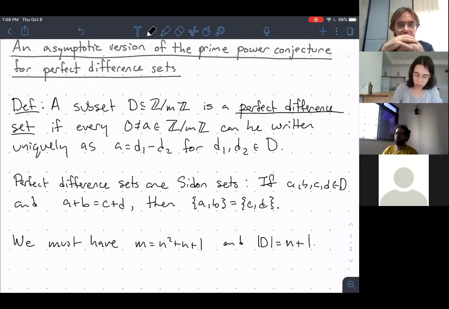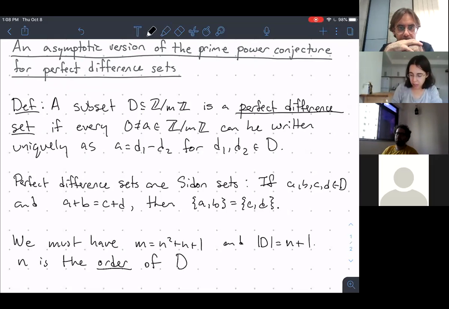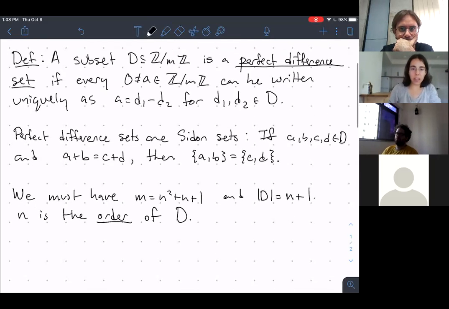And when this happens, we say that n is the order of the perfect difference set D. So order isn't the same as cardinality here. This terminology mirrors the terminology associated to finite projective planes, and there's a good reason for that, which is that any perfect difference set gives rise to a finite projective plane.